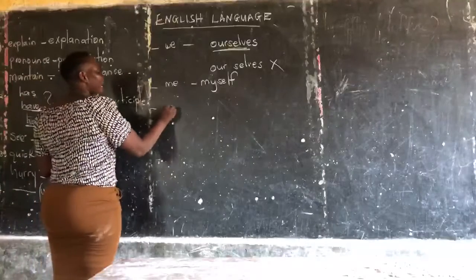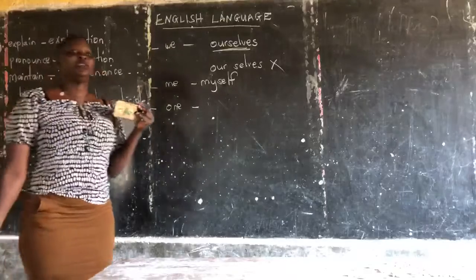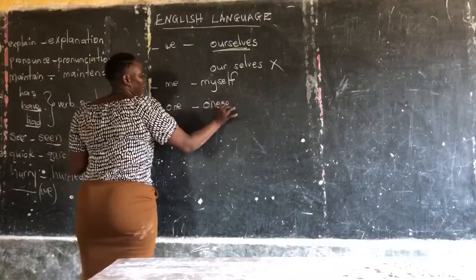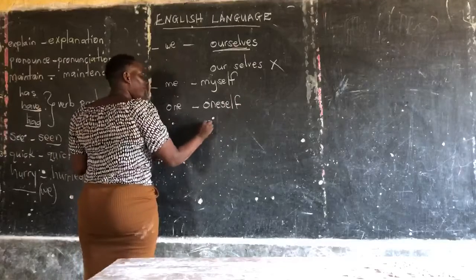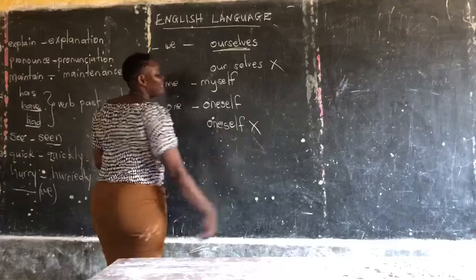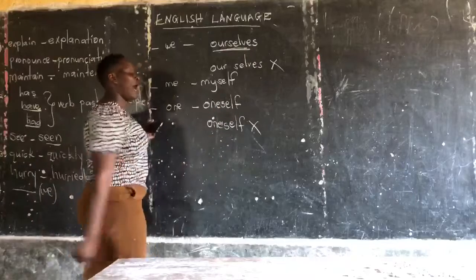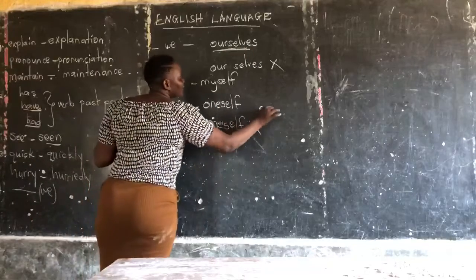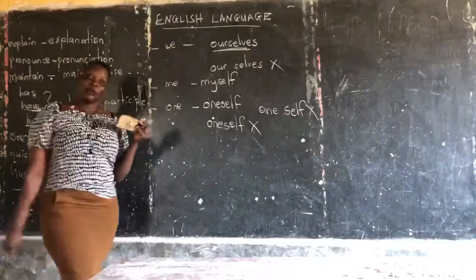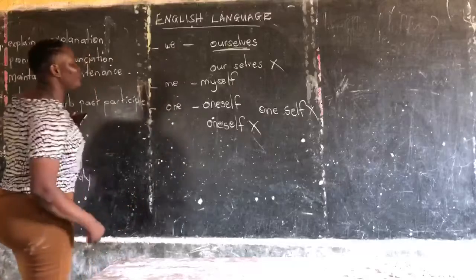We have one. One should always do the work oneself. Not one self. Learners mostly write it like this. This one is wrong. It is oneself, and it is one word. Don't say one self. This one is wrong. That is what examiners normally want.